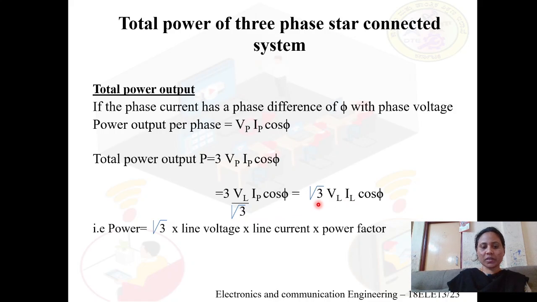So we can write the expression for P in terms of line quantities as root 3 times VL IL cos phi. That is, the power output of the three-phase star-connected system is equal to root 3 times line voltage times line current times power factor, or in terms of phase parameters, P is equal to 3 times Vp Ip cos phi. In terms of line parameters, root 3 times VL IL cos phi.